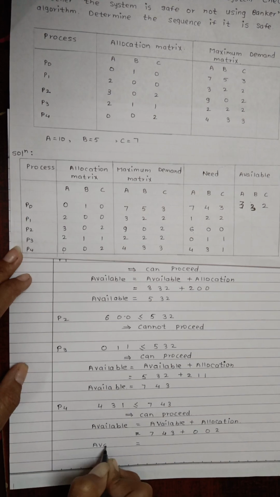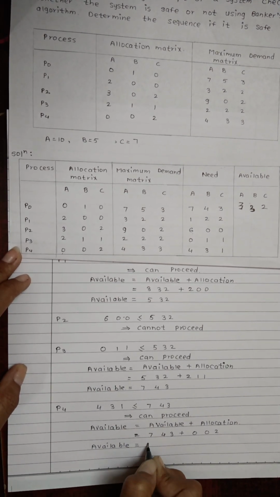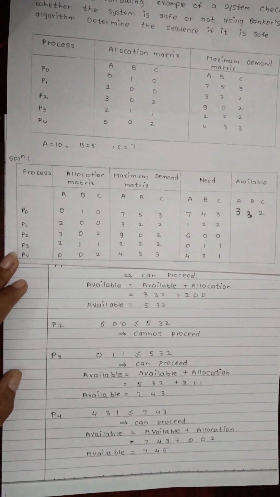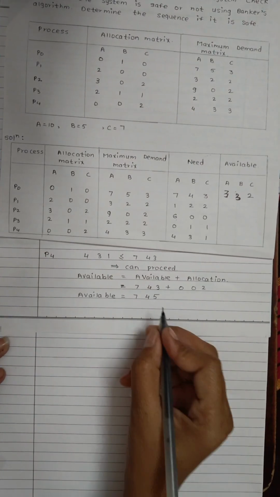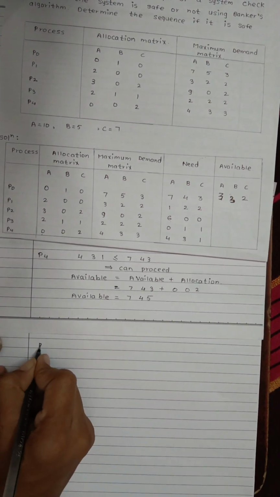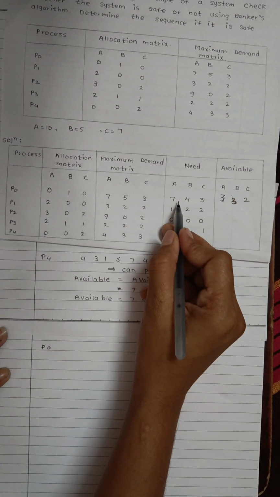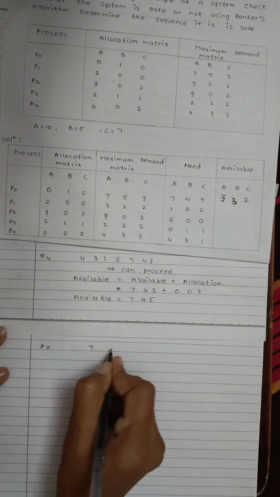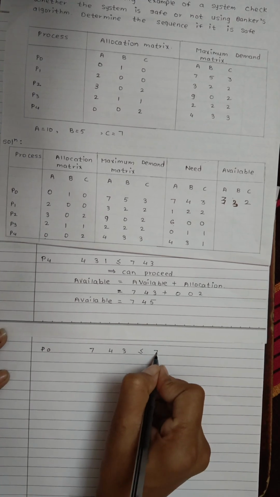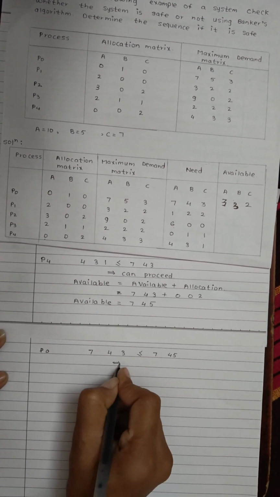Available is equal to 7 4 5. Updated available is 7 4 5. So for process P0, the need matrix is 7 4 3. 7 4 3 is less than or equal to 7 4 5. So the condition is satisfied, so we can proceed.